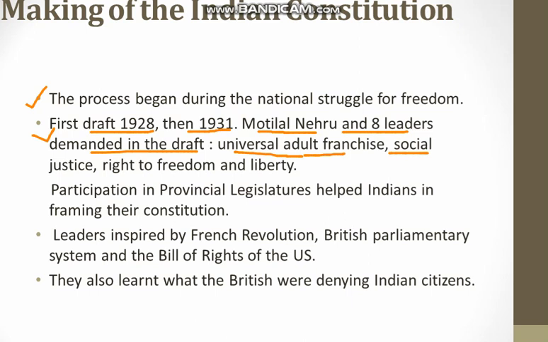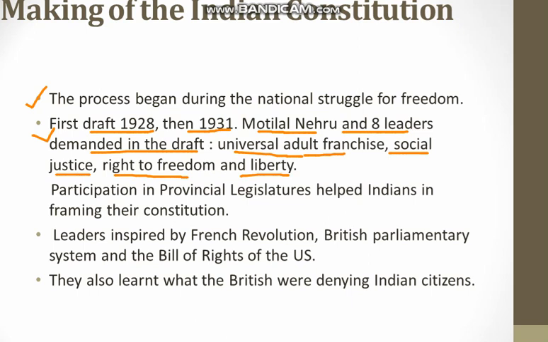In that draft, they demanded universal adult franchise, the right to vote for all, social justice, and the right to freedom and liberty. So this was not a new experience for Indians.